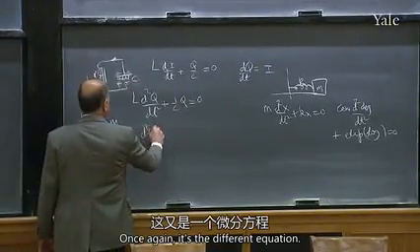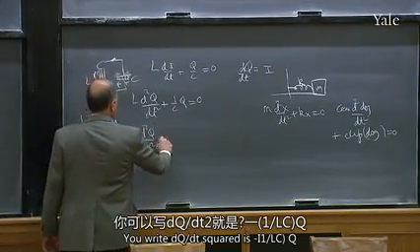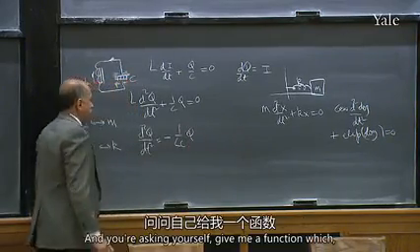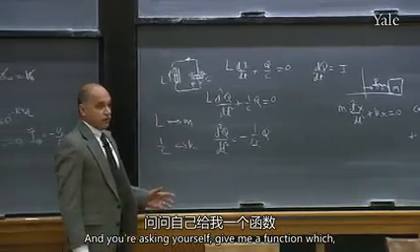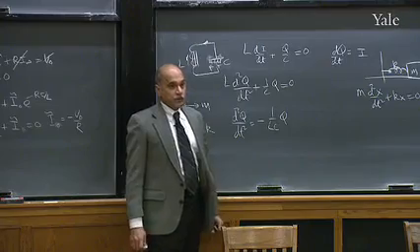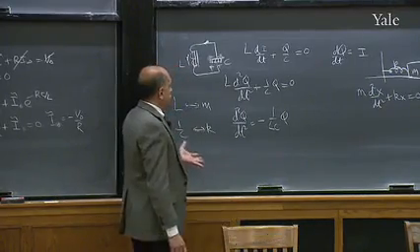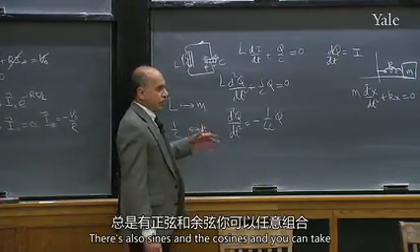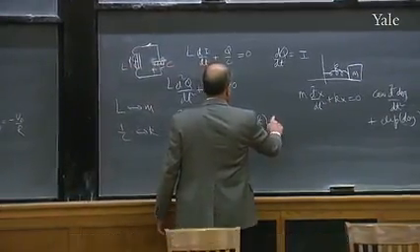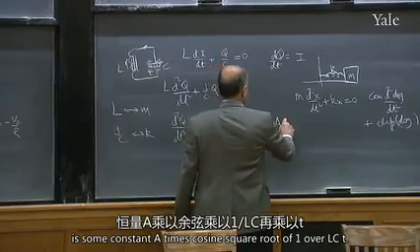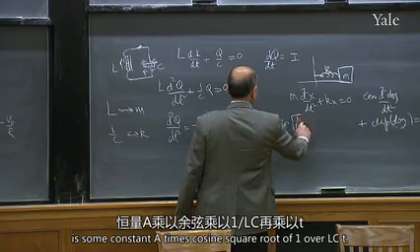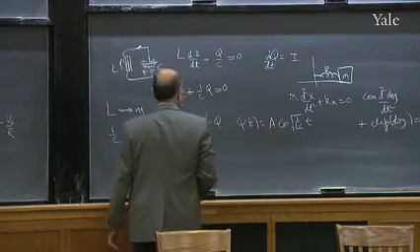Once again, it's a differential equation. You write d²q/dt² is minus 1 over LC Q, and you're asking yourself, give me a function which, when I differentiate twice, looks like itself. There's always the exponential. There's also sines and cosines, and you can take any combination you like, and one acceptable solution is some constant a times cosine of the square root of 1 over LC times t.